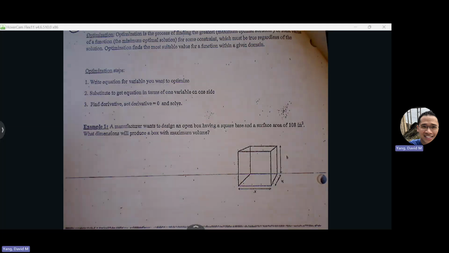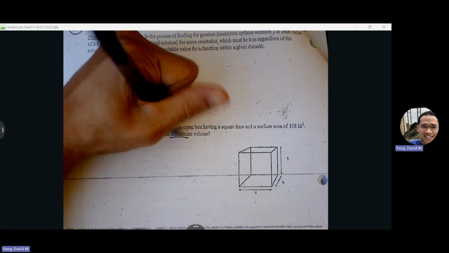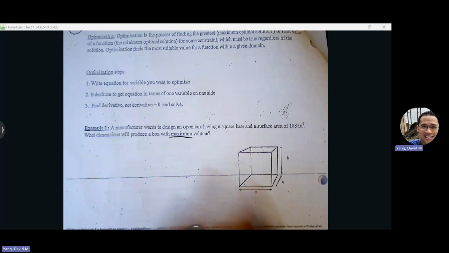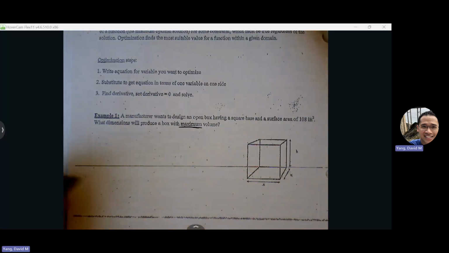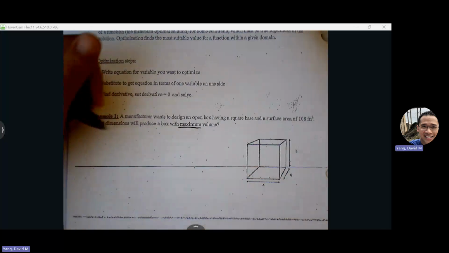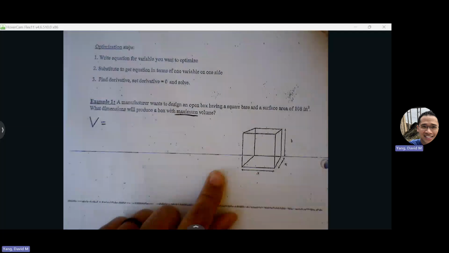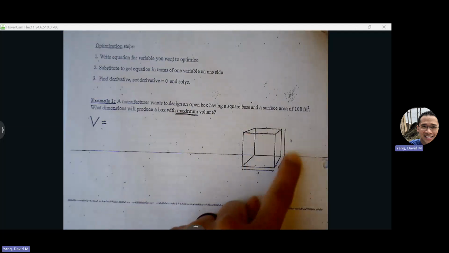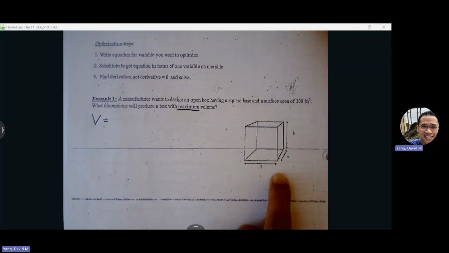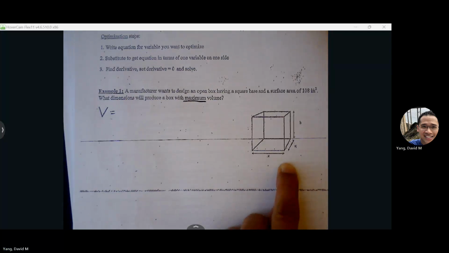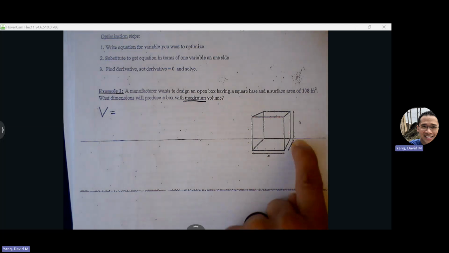Okay, so here's the keyword here, maximum volume. We're trying to optimize volume. So let's build our volume equation here. Volume of a three-dimensional object is just going to be length times width times height.